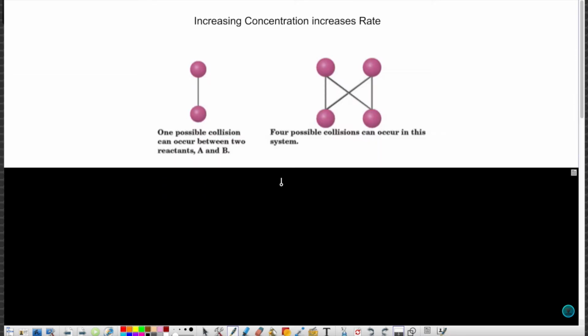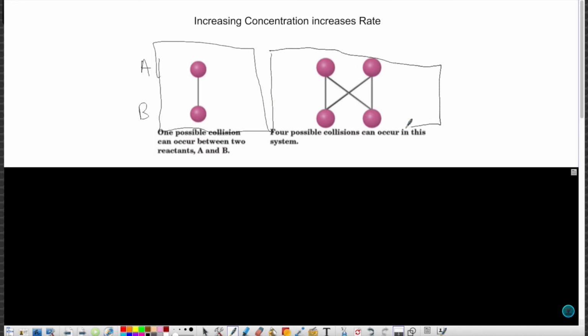Increasing concentration increases rate. So if I have two particles, A and B, that need to collide with each other, so here's my A side, here's my B side, okay? If I have two particles in this sample area, there's only one possible collision that can occur.